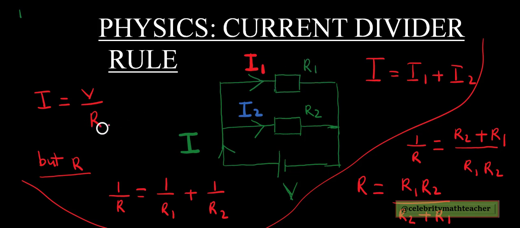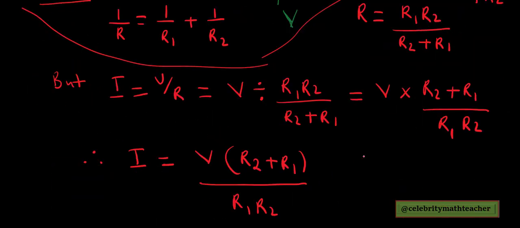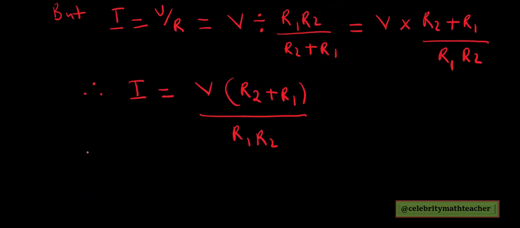So here becomes R1. We can now write a second equation for I1. I1, which is actually V over R, will now be V over R1. This is I1.